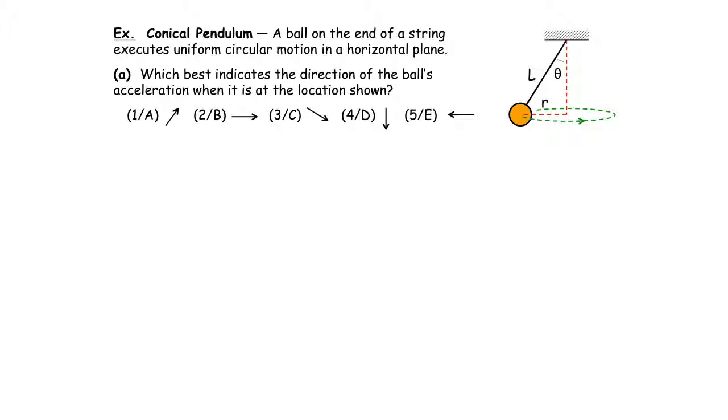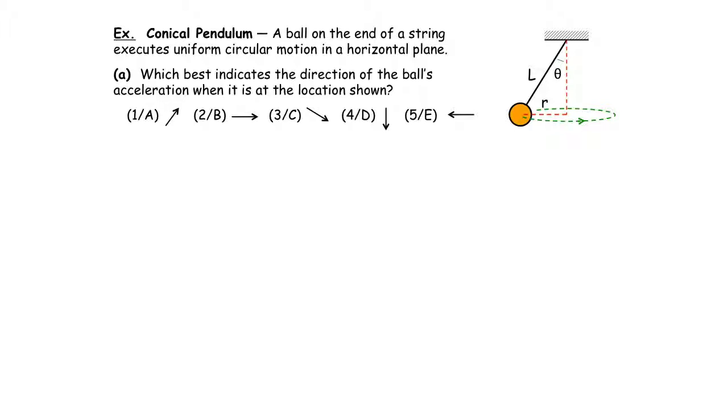So again, all you're asked is, there's a uniform circular motion. In which direction is the acceleration? Okay, 10 more seconds. Okay, I'm going to stop. Oh, this is great.